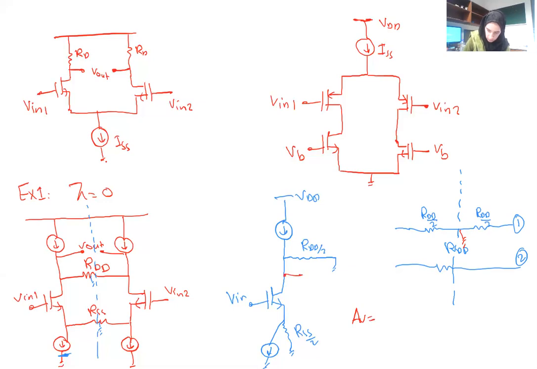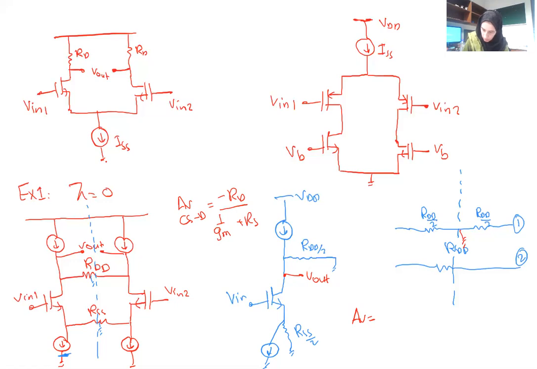So if we look at it, it basically looks like a common source with degeneration, and the standard gain of a common source with degeneration is minus RD over 1 over GM plus RS. So what is my RD here?